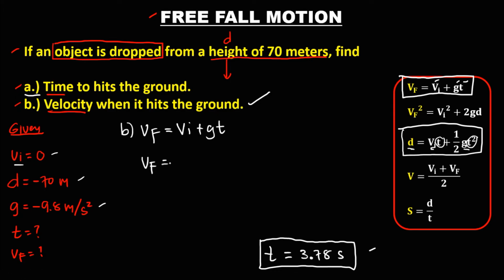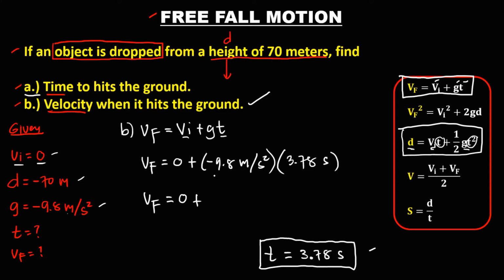So now the final velocity equals the initial velocity, 0, plus the gravity, negative 9.8 meters per second squared, times the time, 3.78 seconds.